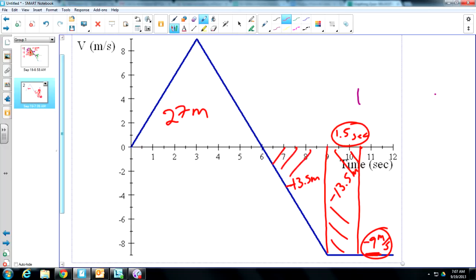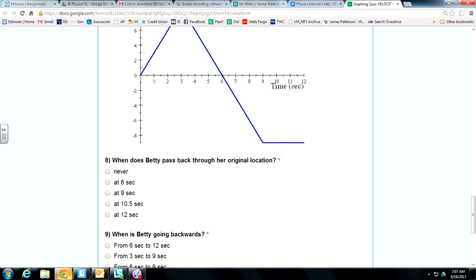So we get a total, if we take all of this zone here, we get a total of a negative 27, which is what we needed, because over here we had a positive 27. So she's back to the origin again when she gets at 10.5. So there we go, 10.5. That was a tough question.